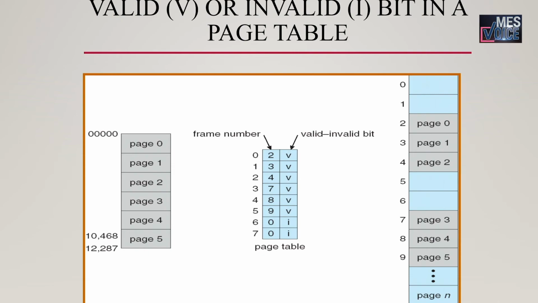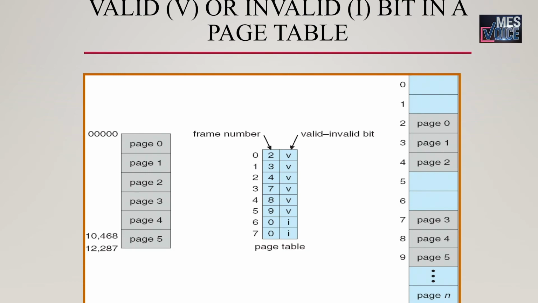So, here from the logical address page 0 is loaded into frame number 2, and here we can see the bit is given as a valid bit which is represented by V. So, the corresponding page is loaded in the physical address in frame number 2. So, similarly page 1, page 2, page 3, page 4 and page 5, all the pages are loaded into the corresponding frames, and we can see all those protection bits are given as valid.